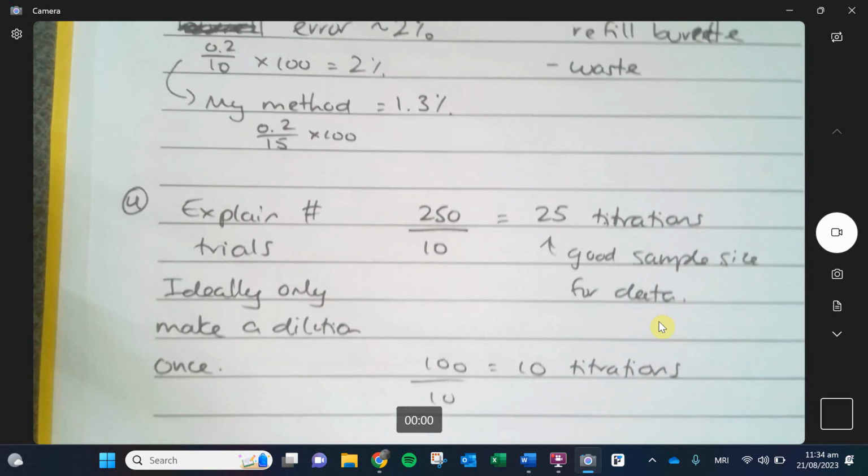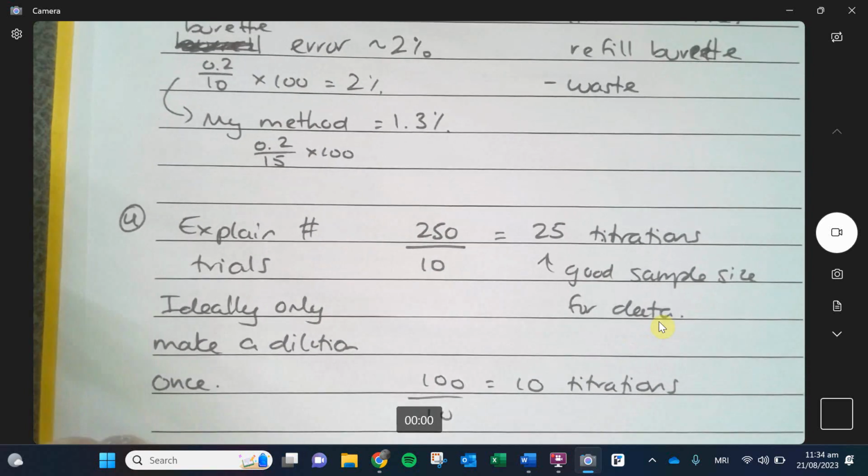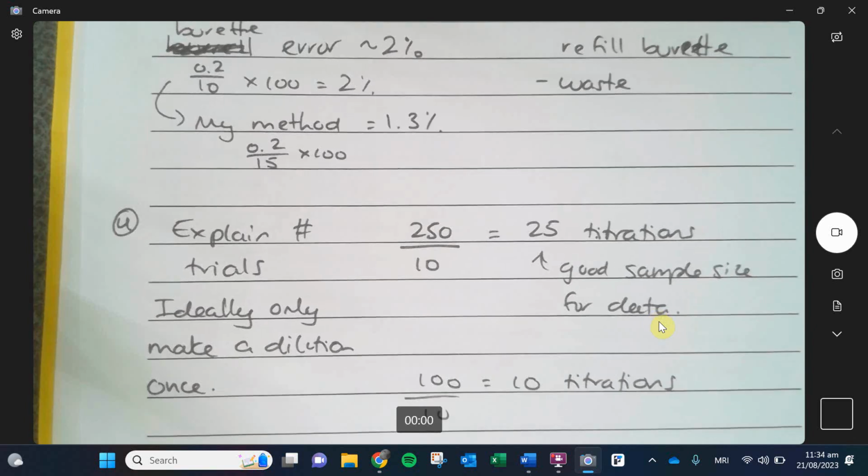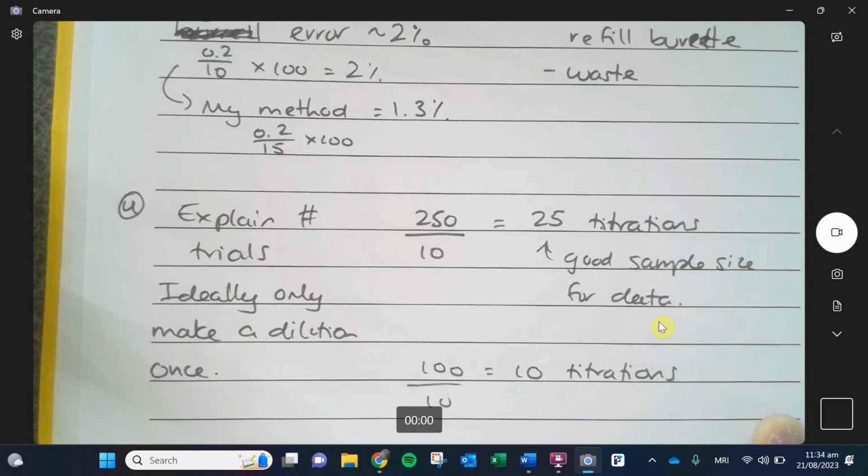The last thing you could talk about is the trials and how many trials you could get out of your stock sample that you made, which you guys obviously have done the titration, so you know the importance of having one set of the diluted solution. Remember, each time we make a new diluted solution, there's going to be slight variations, and so ideally I should only make the dilution once. So basically, how many trials could you do?